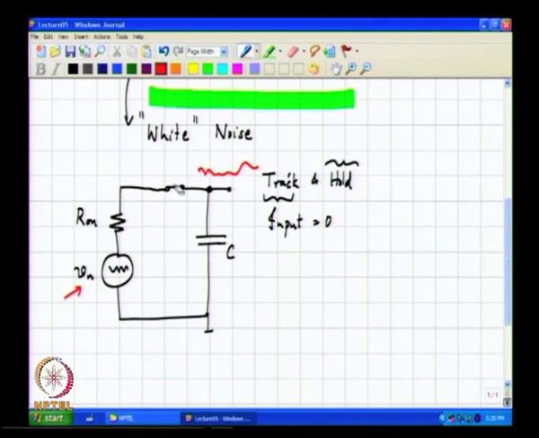If you suddenly open the switch, which is what will happen when you go from the track phase to the hold phase, whatever voltage was there on the capacitor just before you opened the switch will tend to stay that way, correct. And do you think that voltage will be 0? No, because that depends on the noise waveform. So, what is this telling us?